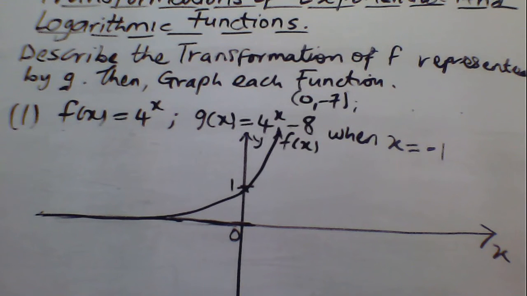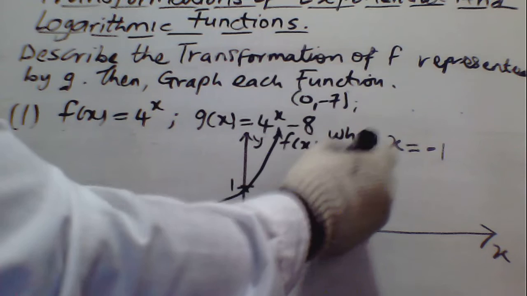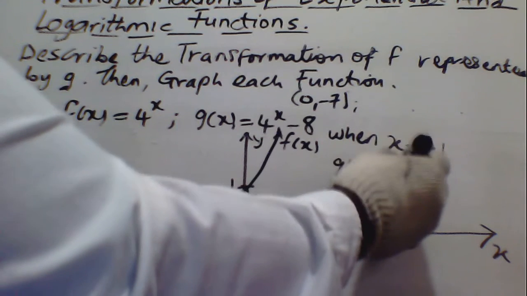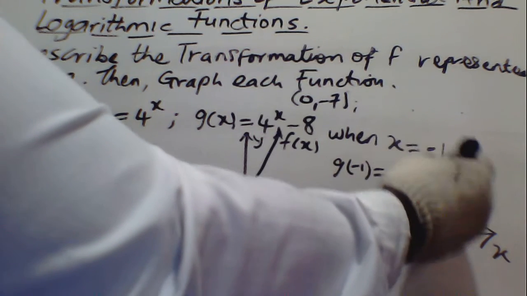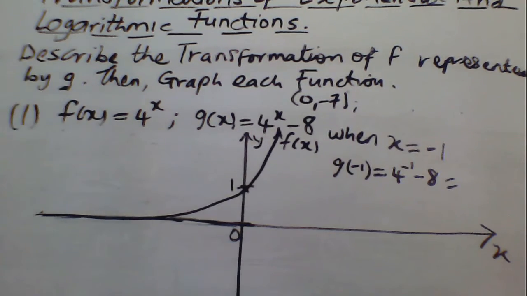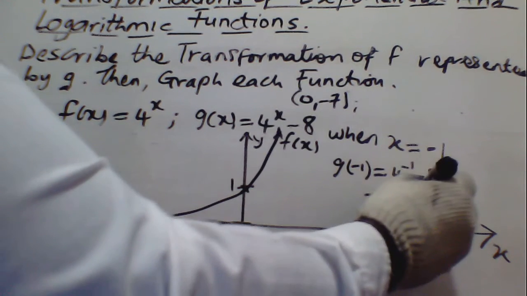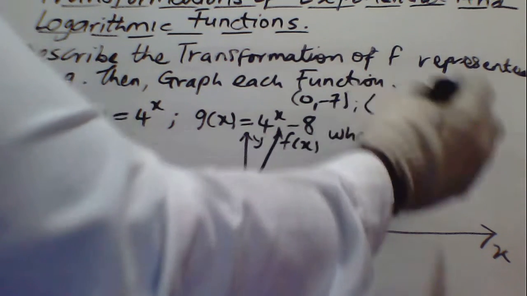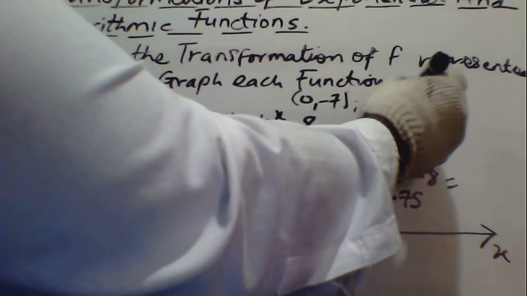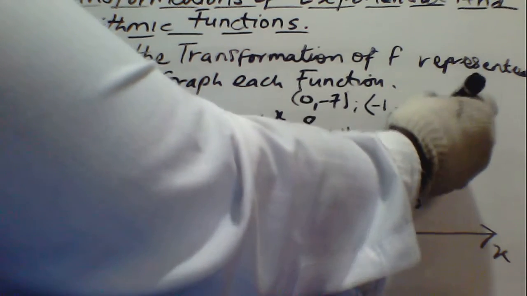When x is equal to minus 1, we have g of minus 1 equal to 4 raised to power minus 1, minus 8. This will give us 1 over 4, which is equal to 0.25. So 0.25 minus 8 will give us minus 7.75. So we have another point, minus 1 and minus 7.75.